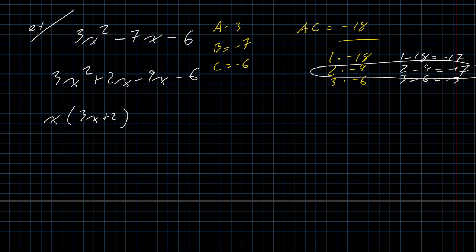Then I'm going to factor out a negative along with the common factor of 3. Negative 3 times positive 3x gives me minus 9x, and negative 3 times positive 2 gives me minus 6. So that 3x plus 2 comes out, and an x minus 3 is left behind.